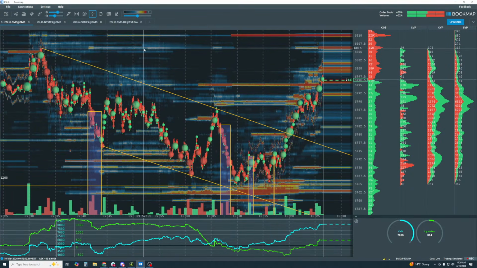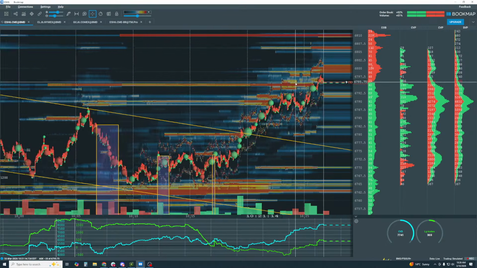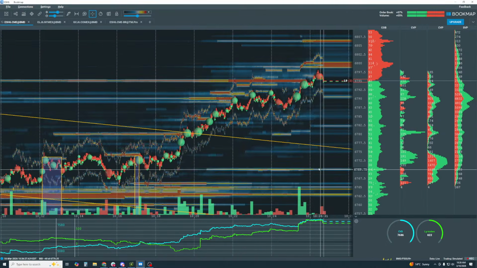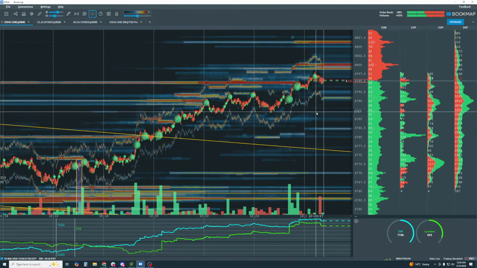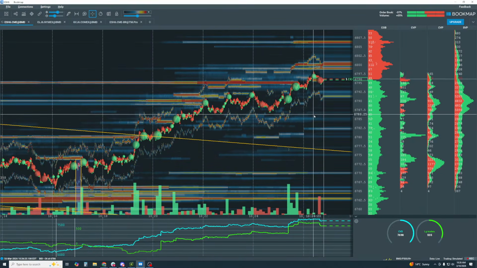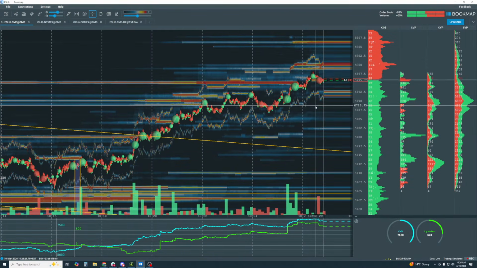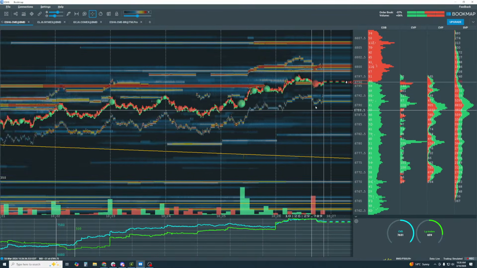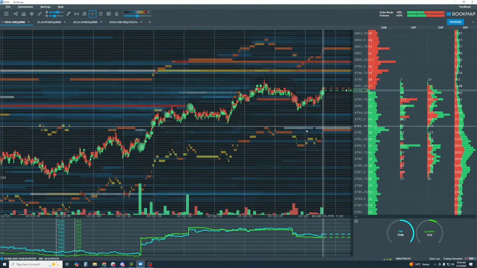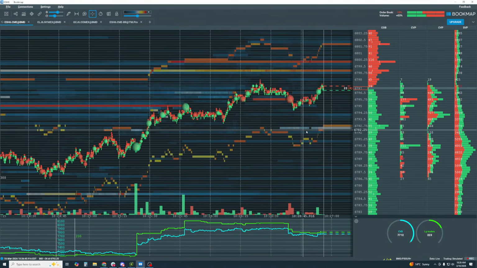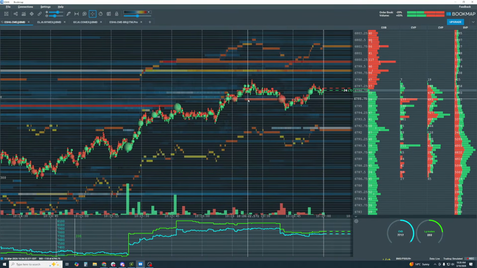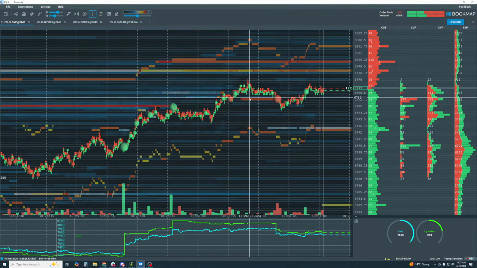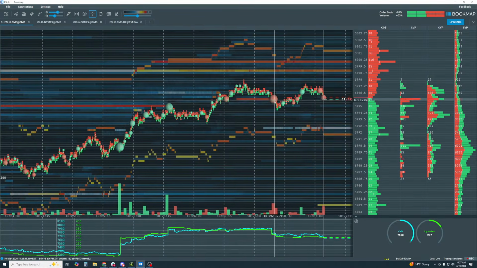The other one is up here at the highs of the day. Okay, some heavy buying came in here on the bid. Selling took it on though.